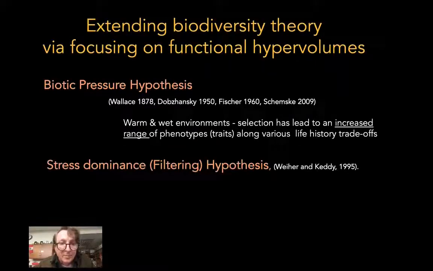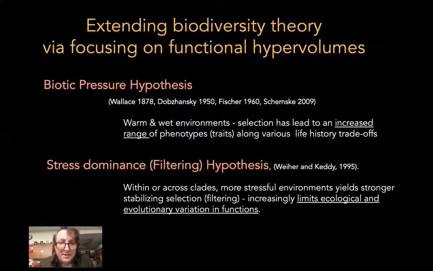Another, opposing hypothesis is the stress dominance or filtering hypothesis, saying that in more stressful, really species-poor environments, you would expect stronger filtering or stronger stabilizing selection, and that would place more of a limit on the functions or traits present.